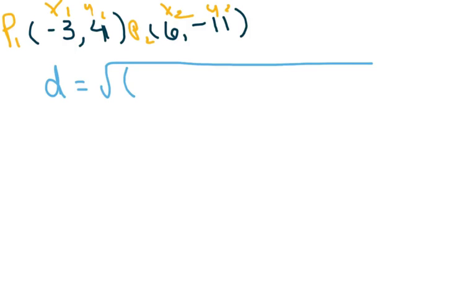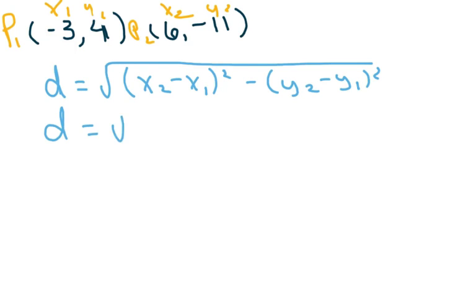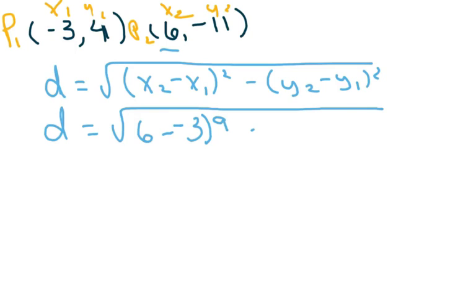So this is the square root of x sub 2 minus x sub 1 squared plus y sub 2 minus y sub 1 squared. You plug everything in. So x sub 2 is 6 minus a negative 3 squared plus, negative 11 minus 4 squared.